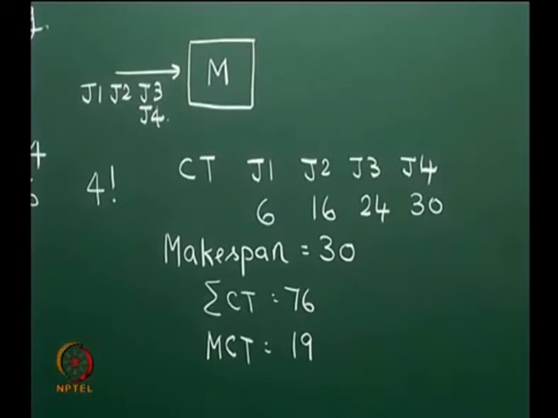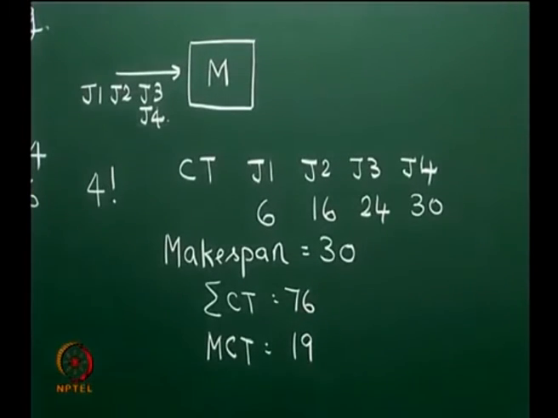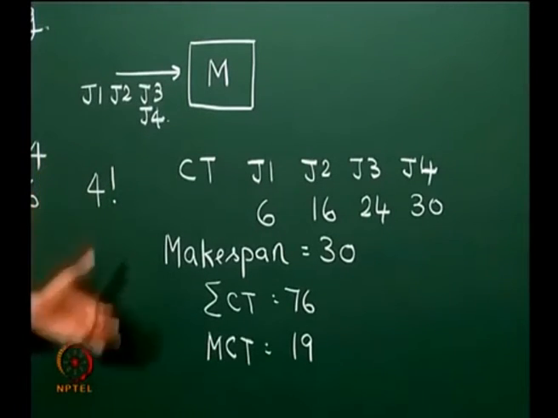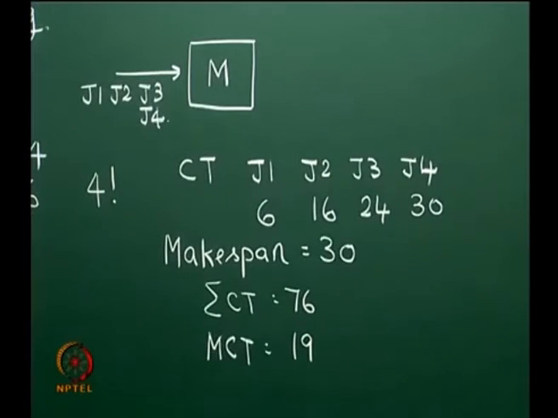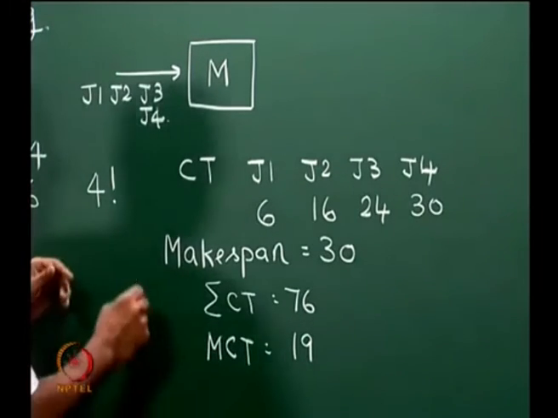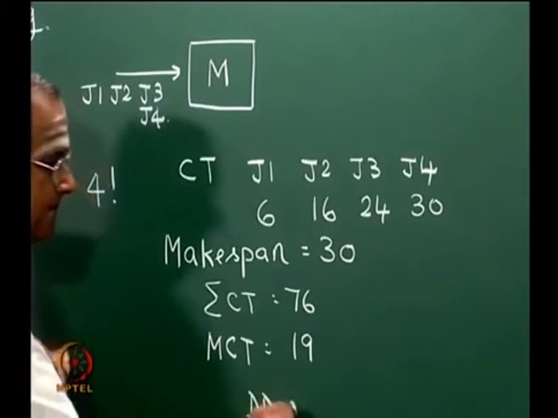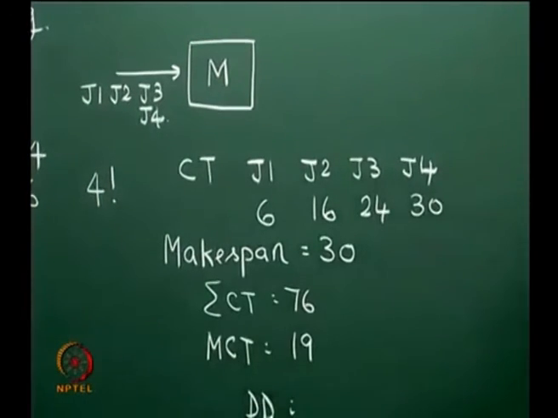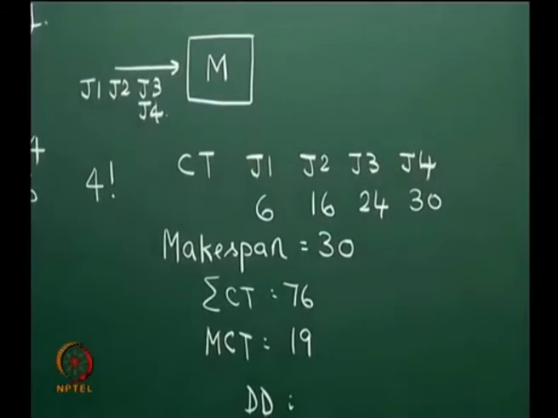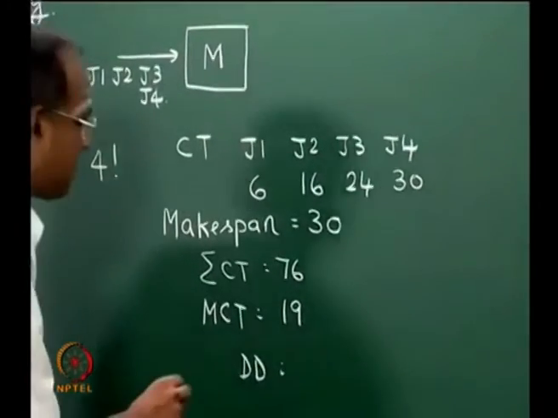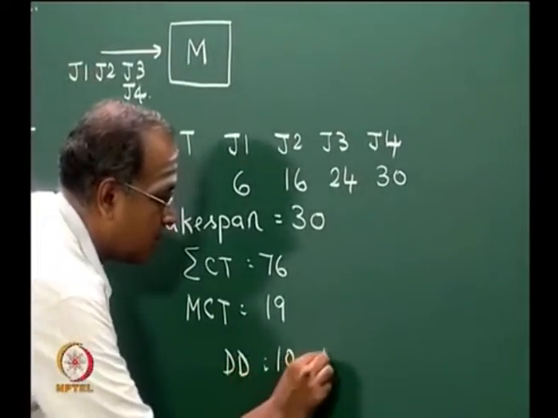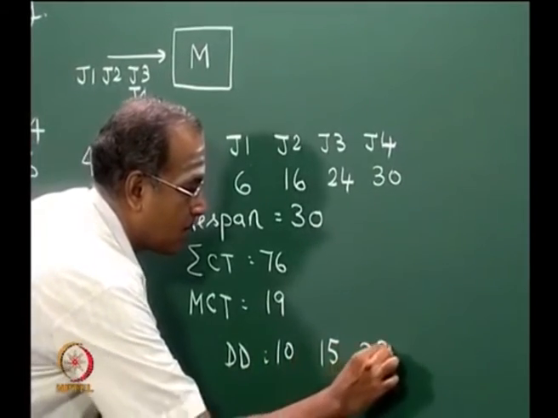So, given a sequence J1, J2, J3, J4, we can now calculate the make span, we can calculate the mean completion time. Let us assume that the due dates for these 4 jobs are 10, 15, 22 and 30.